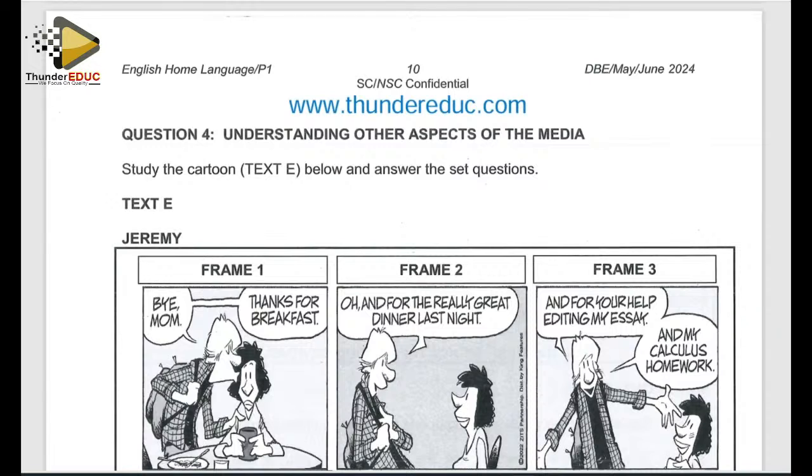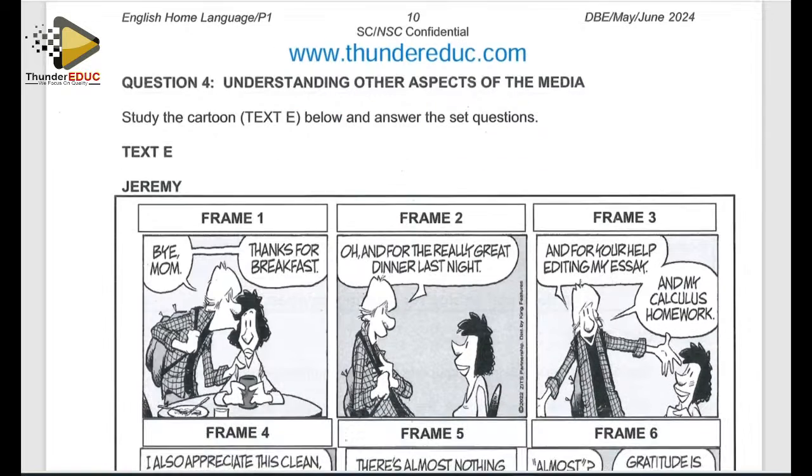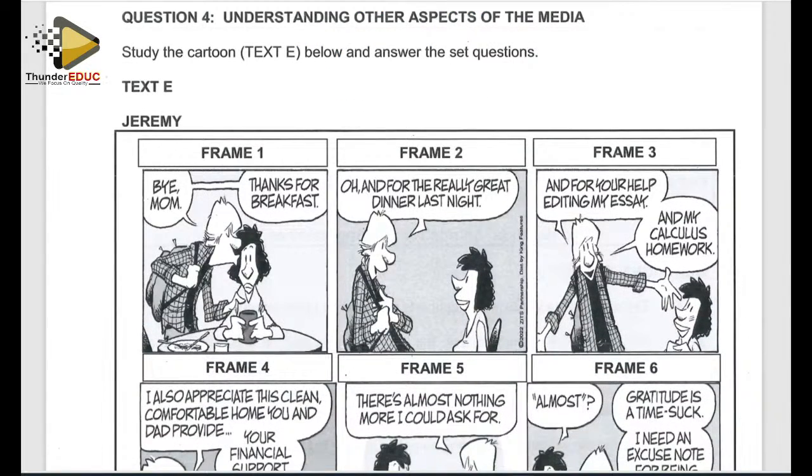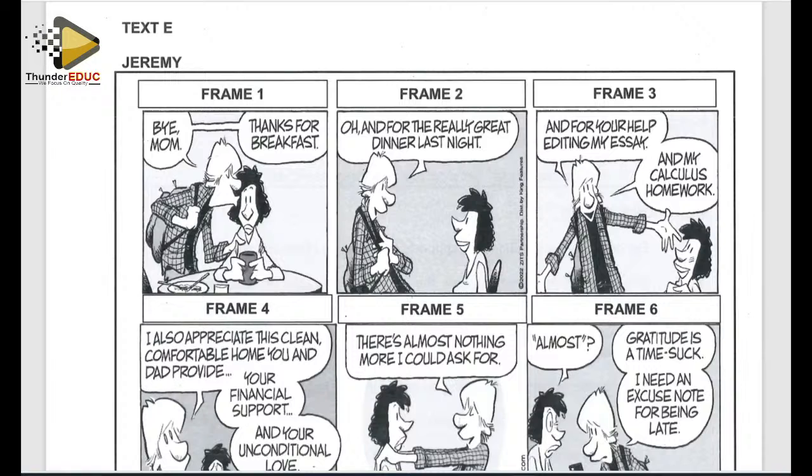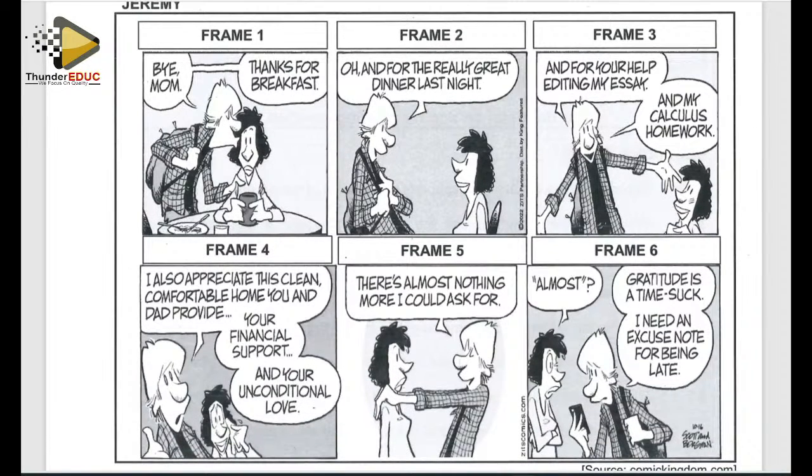Jeremy is the title of the advert that is in the paper. Study the cartoon, text E below and answer the set questions. Frame 1, bye mom, thanks for breakfast. Frame 2, oh, and for the really great dinner last night. Frame 3, and for your help editing my essay and my calculus homework.